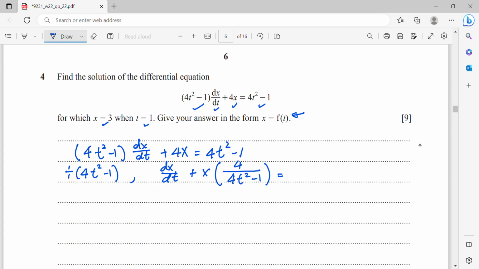Then the right hand side will be 1. Let this be the first equation. Then from here, you will be able to get the integrating factor. Now, the integrating factor I is e to the power of the integral of the coefficient for x.